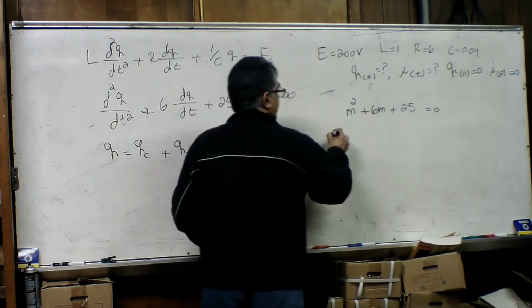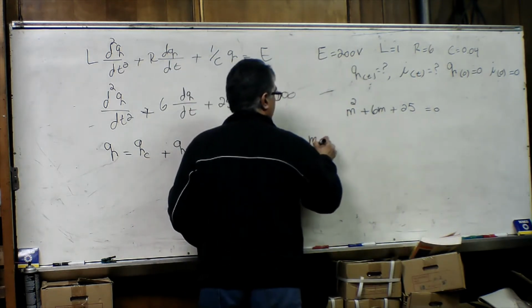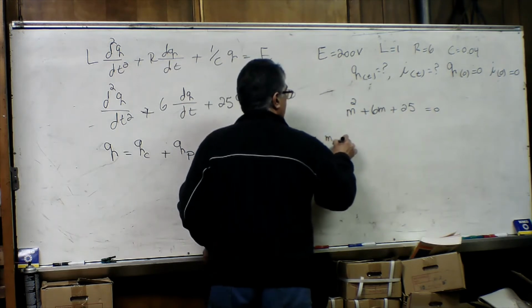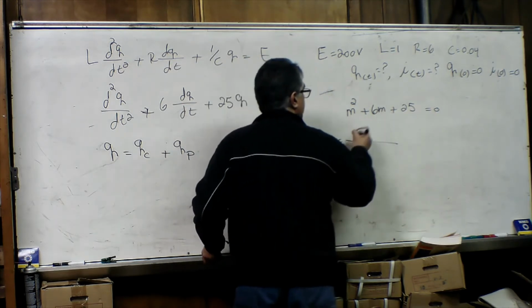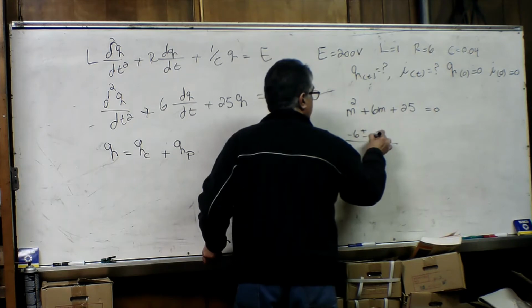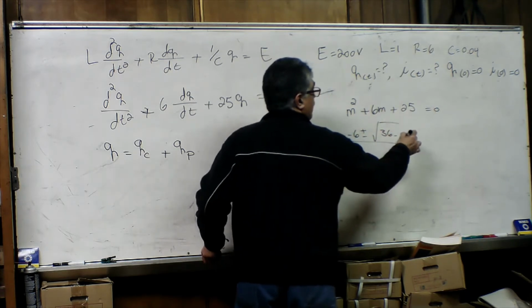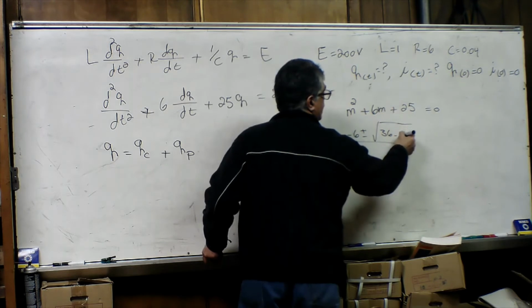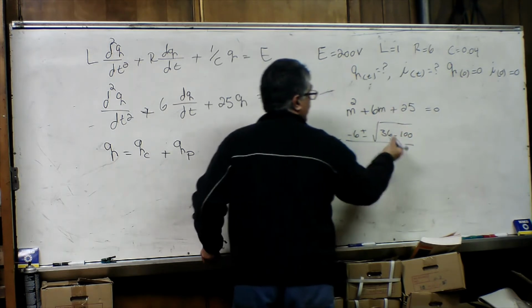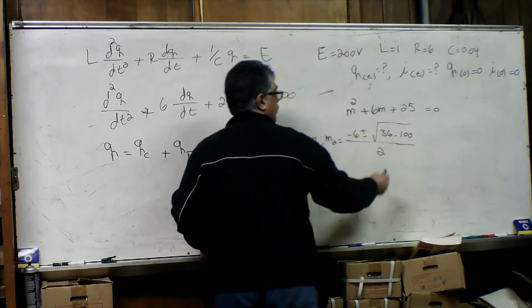So here we can find the values of m1 and m2, which is equal to minus b, minus 6, plus or minus the square root of b squared, which is 36, minus 4ac, which is 100, divided by 2a, divided by 2.